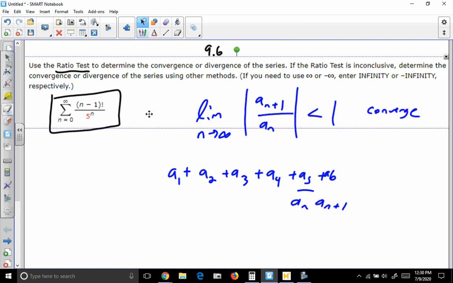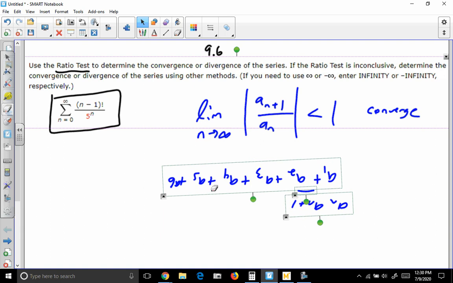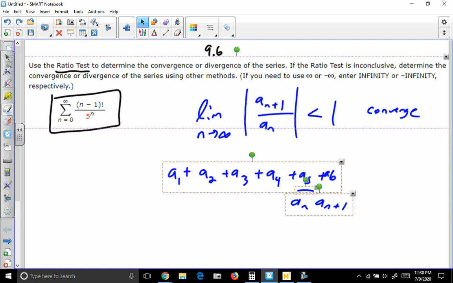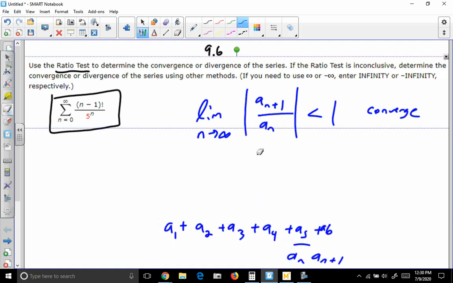On the other hand, let me flip it upside down. If the following term is bigger, what would that look like? If the following term is bigger, if the numerator of a fraction is larger, then it's bigger than 1.